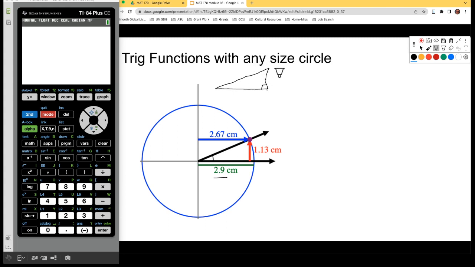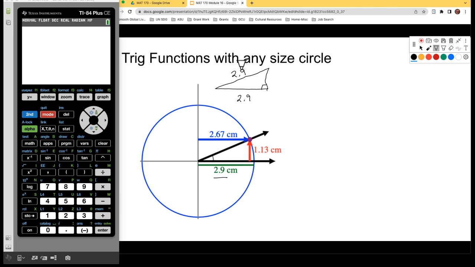Kind of a funky looking triangle, but 2.9 is our radius, is what that's referring to. And so up here, our hypotenuse is going to be 2.9.